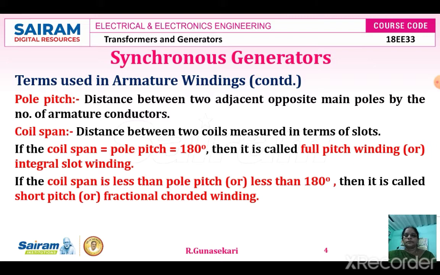If the coil span is equal to pole pitch, that is 180 degrees, then the winding is called a full pitched winding, or another name is integral slot winding. If the coil span is less than pole pitch, or less than 180 degrees electrical, then this winding is called a short pitched winding, or fractional slot winding.